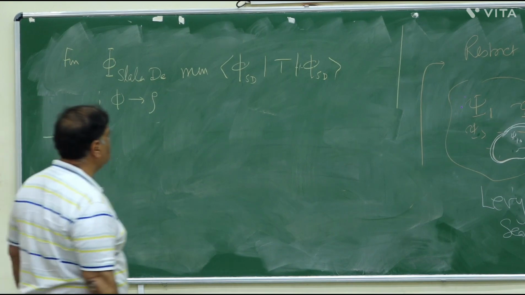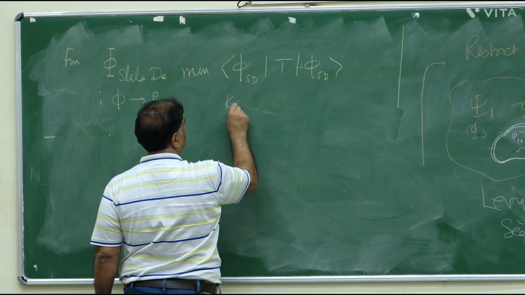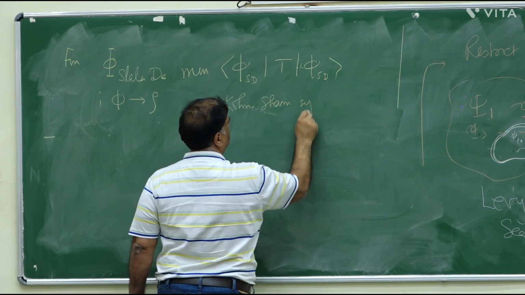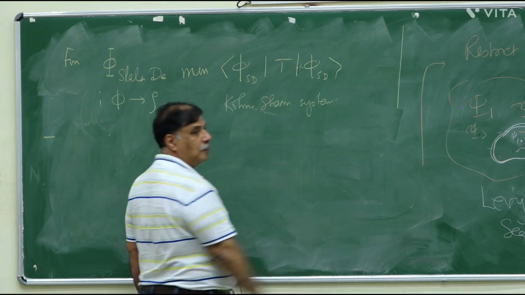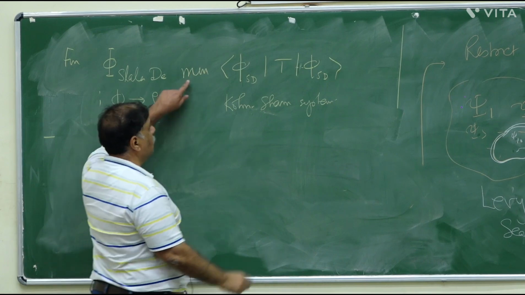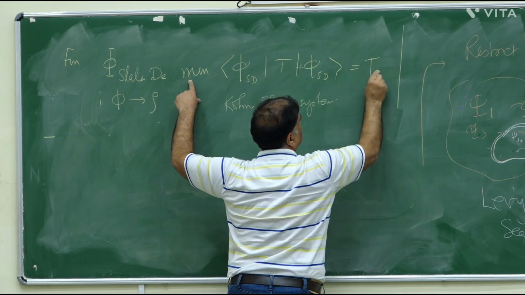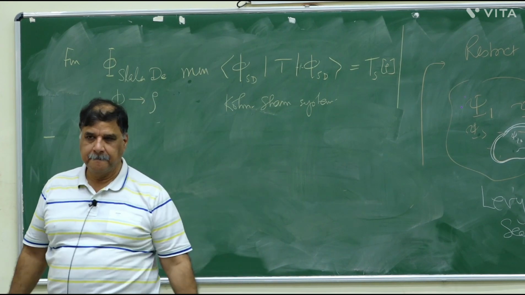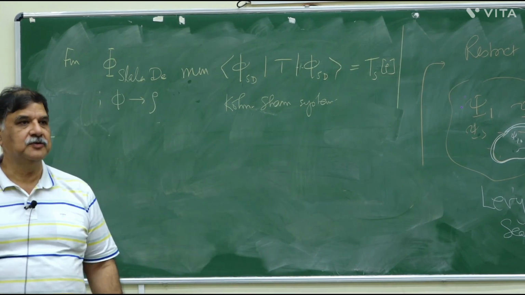This is the Kohn-Sham system, and this minimum is your T_s. Any questions so far?